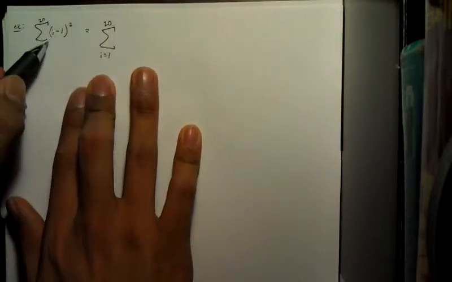So the first thing I would do with this one is just change this into a polynomial. So you get i squared minus 2i plus 1.